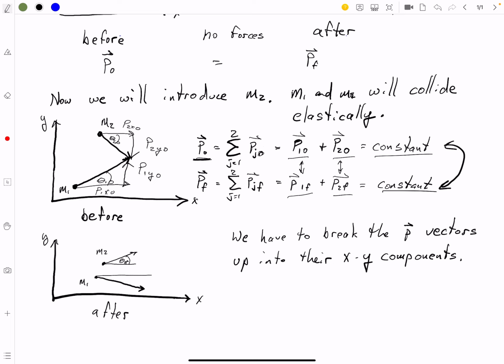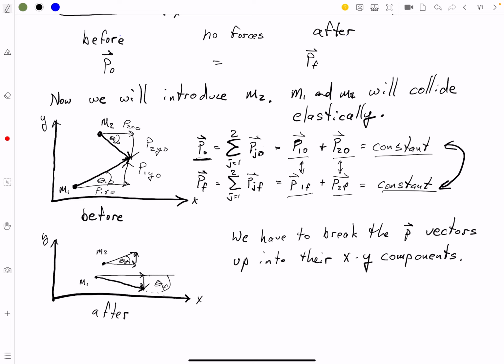Here we have, let's come out here so we can easily draw our theta 1 final. And it's going to go something like this. Okay? All right. So we have to break these things up into their components.